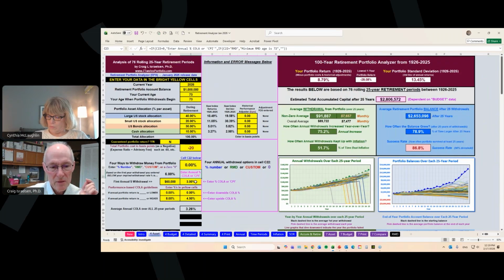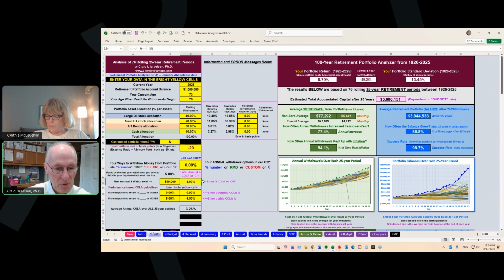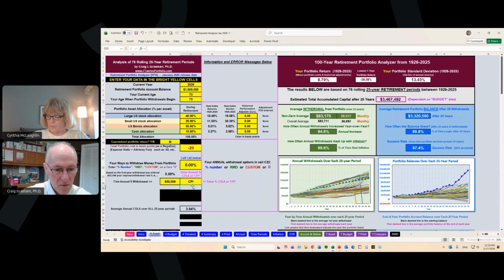Let me show you one more thing though. Let's say we went to a $50,000 withdrawal, and instead of a percentage, I just type in CPI right there. So if I type in CPI, I've told the RPA a very different thing to do, which is I want you to introduce a COLA that is equivalent to the CPI.